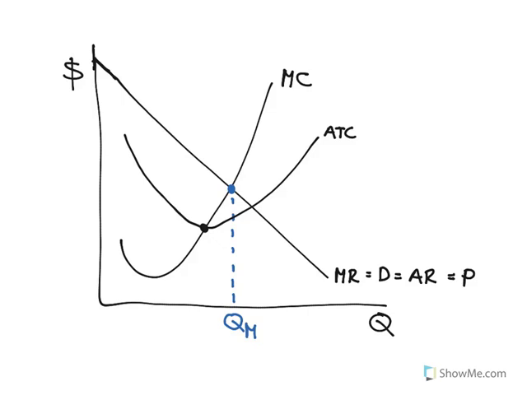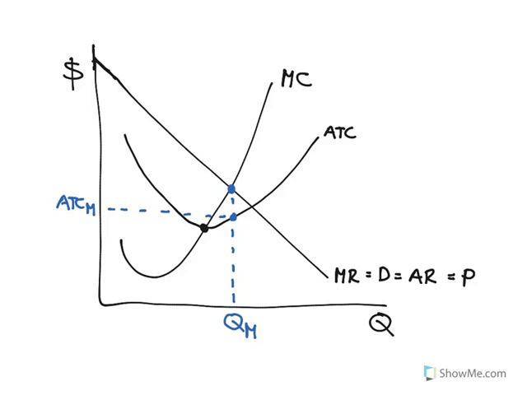And then let's go ahead and label profit, total revenue, and total cost. So that's pretty simple to do. We'll go ahead and say, okay, there's our ATC. Bring that over. So this is the ATC for the monopolist. And then let's do total revenue, total cost, and profit.